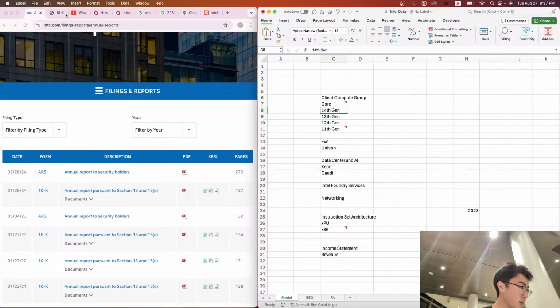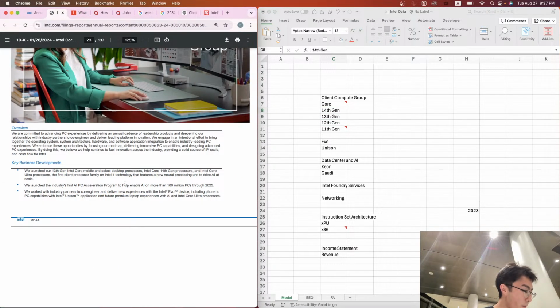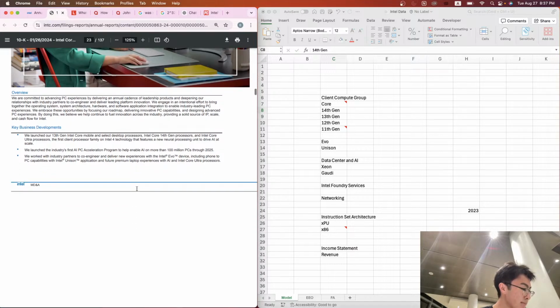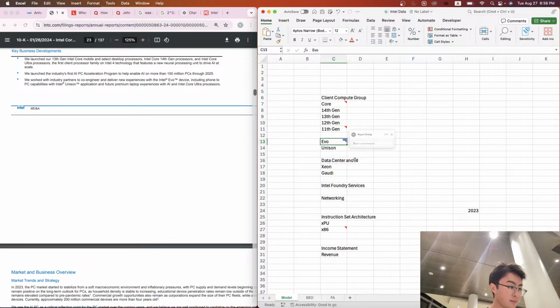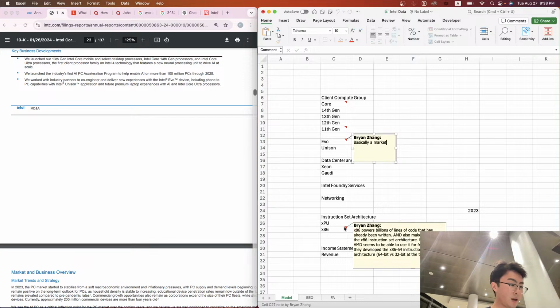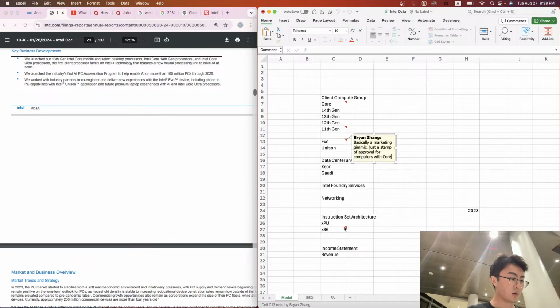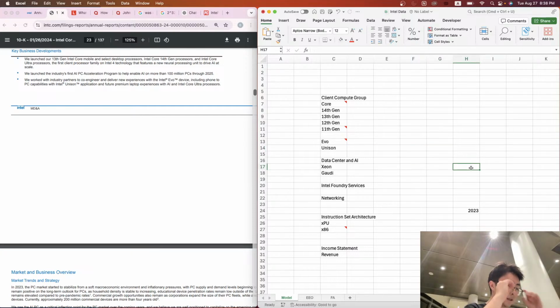I'm not entirely sure when the timeline is for these. Basically a marketing gimmick, just a stamp of approval for computers with 11th gen core CPUs. Okay, yeah.